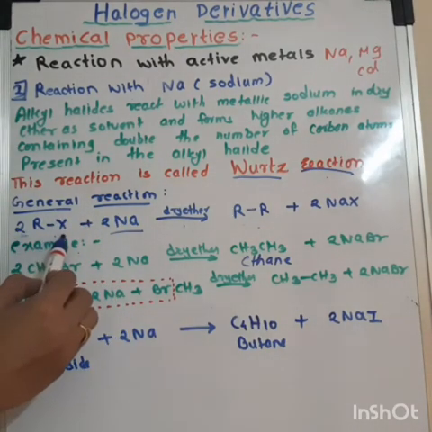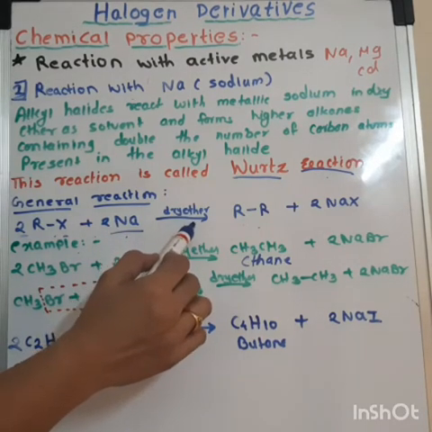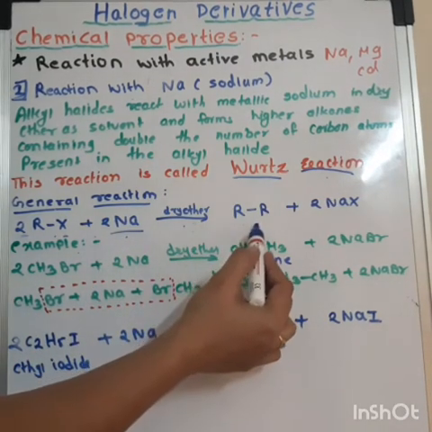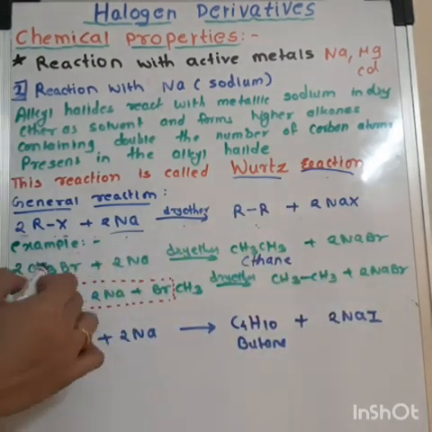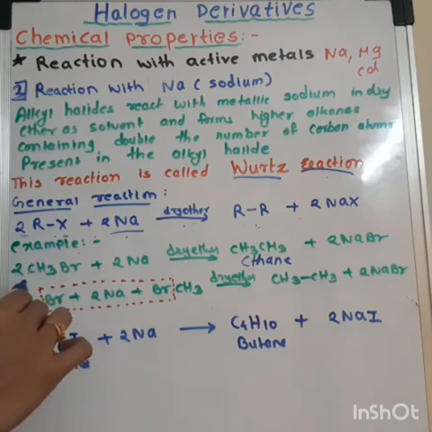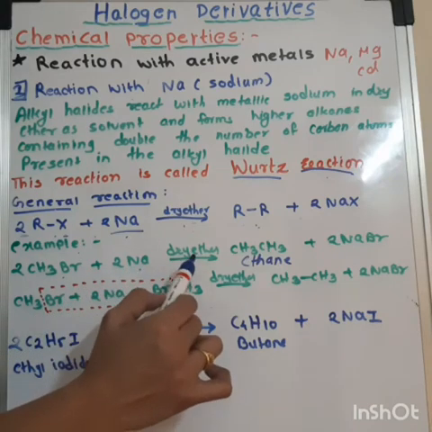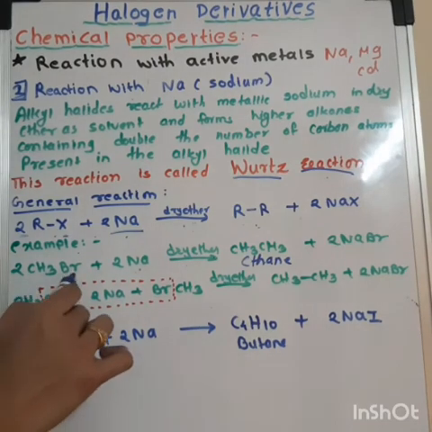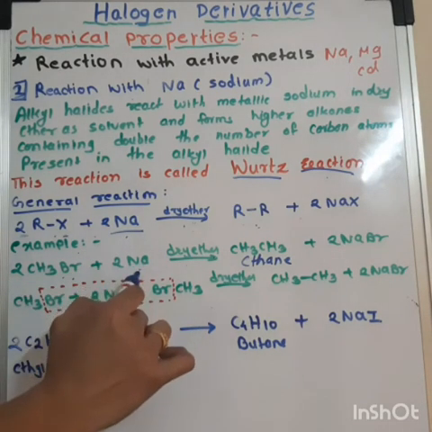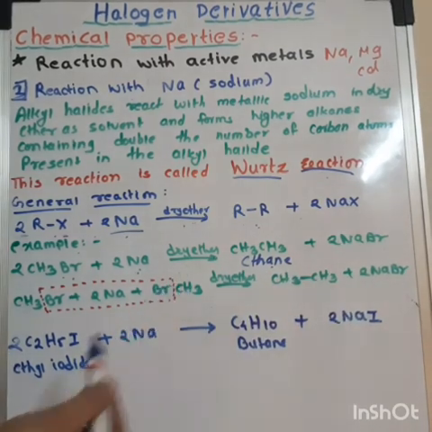2 molecules of alkyl halide plus 2 molecules of sodium in presence of dry ether as a solvent give higher alkane plus 2 molecules of NaX. Example, when 2 molecules of methyl bromide are treated with 2 molecules of sodium in presence of dry ether, it gives ethane plus 2 molecules of sodium bromide.